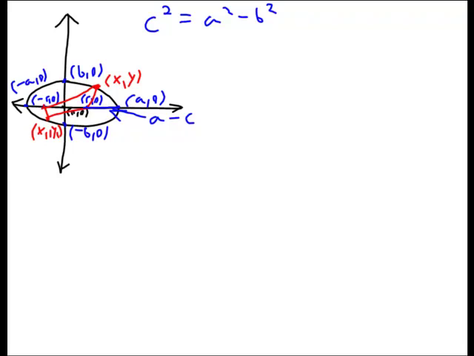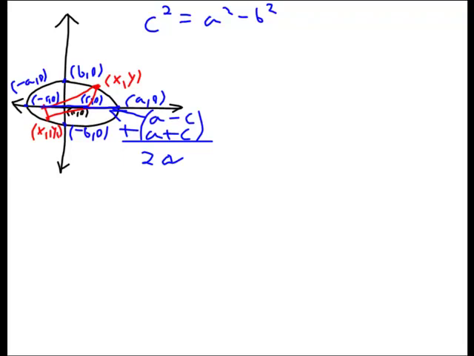Well, a line from that point (a, 0) to my other focus out here, that's going to be a plus c distance, because it's a distance back to the origin and c distance to get to the focus. So if I add those 2 together, what am I going to get? The c's will cancel and it'll be 2a.